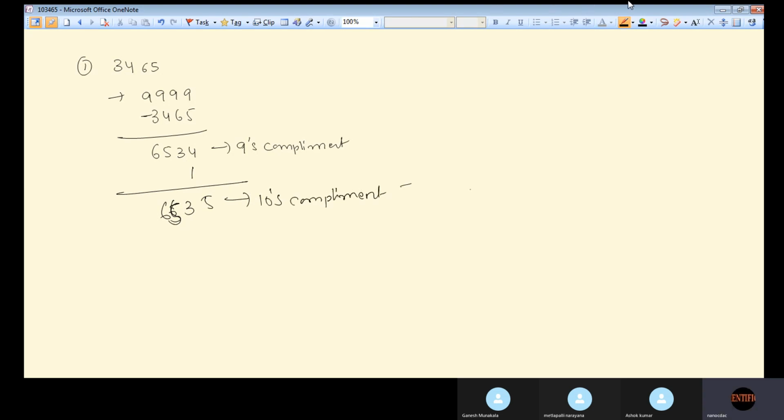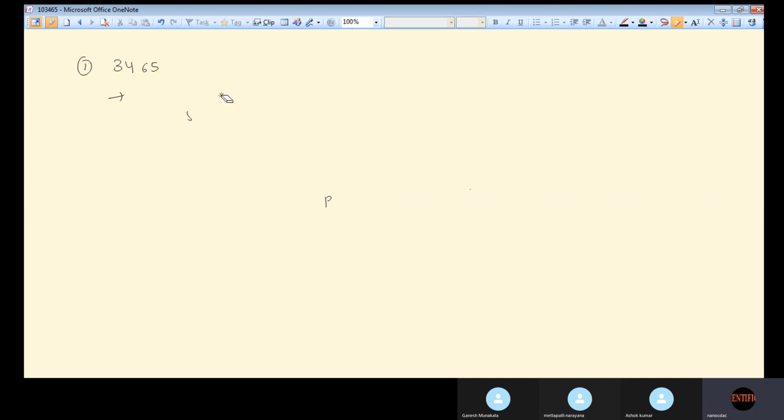So if I ask you to find the tens complement of a number, 4069, can you quickly do it and tell me? Find the tens complement.